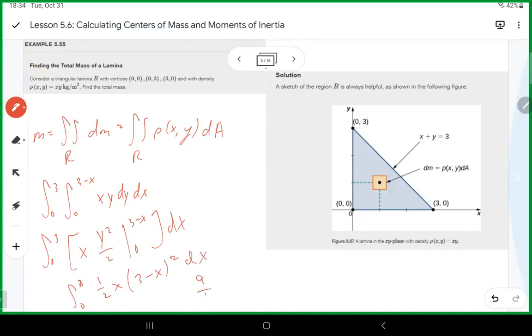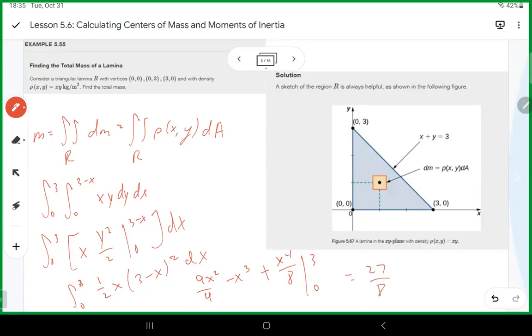That's going to be 9 over 4 x squared on top minus x cubed plus x to the 4th over 8. And then we have to go from 0 to 3. If we do all that, we get 27 over 8.